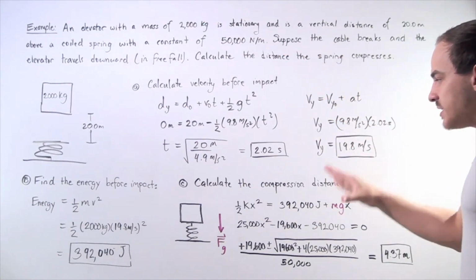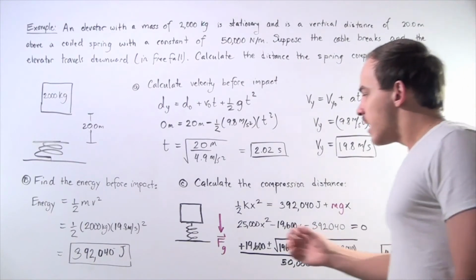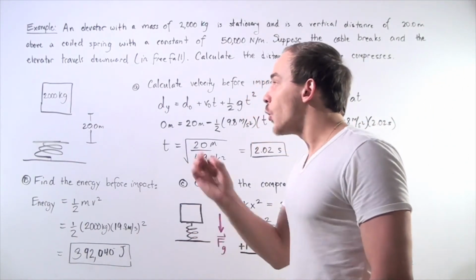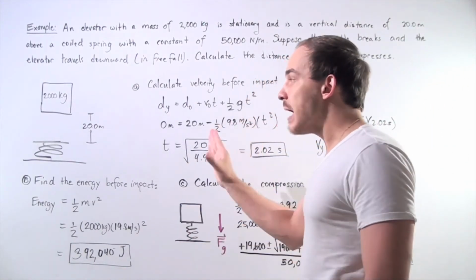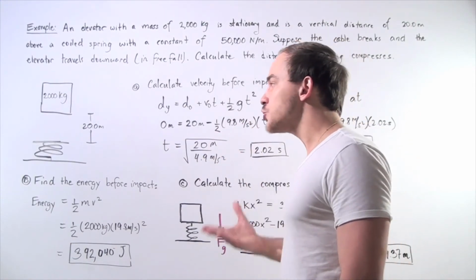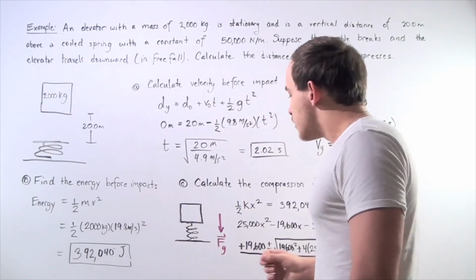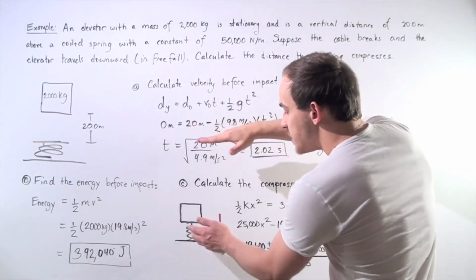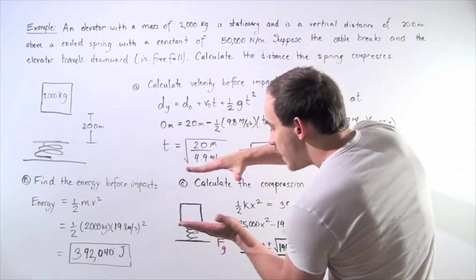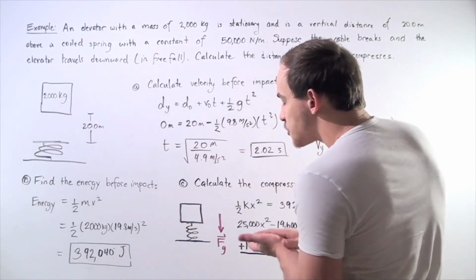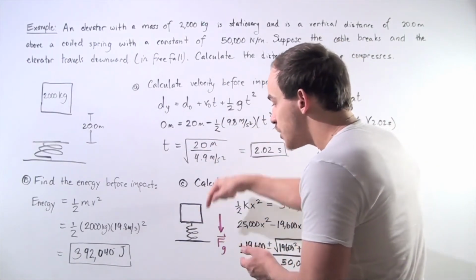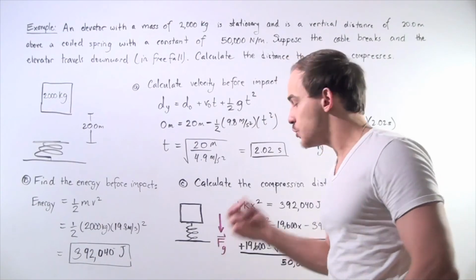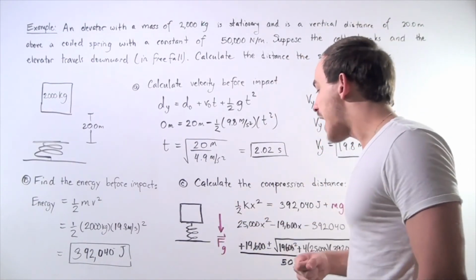So now this is the tricky part. Notice that the spring does work on the elevator to stop the elevator, but it also does work against gravity. So when the elevator is traveling and when the spring is compressing, there are two forces acting on the spring: the force due to the elevator and the force due to the magnitude of gravity.